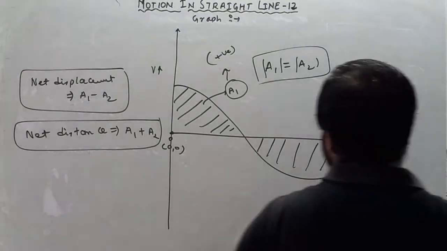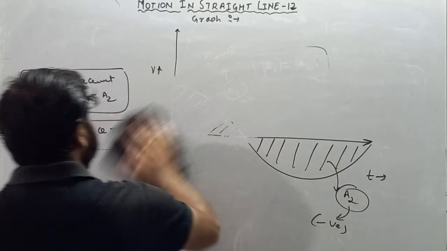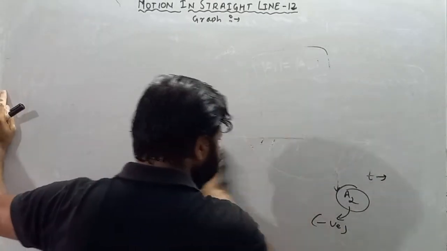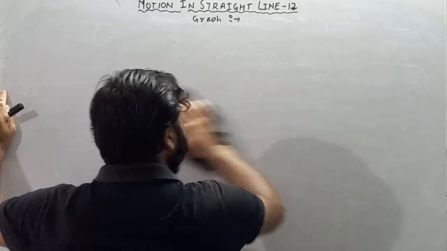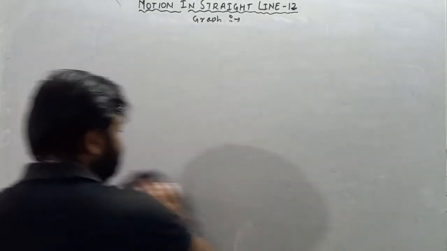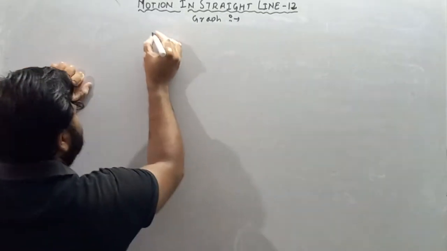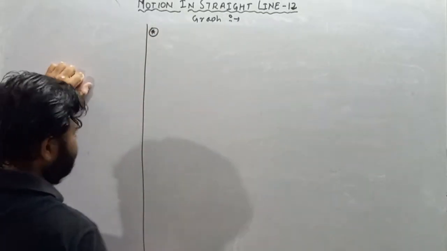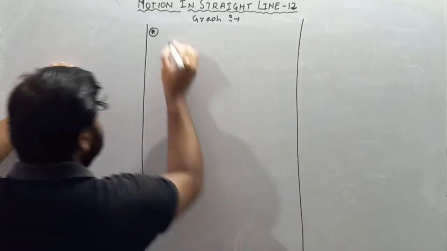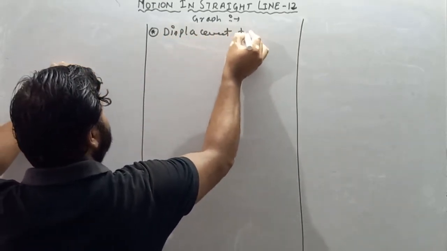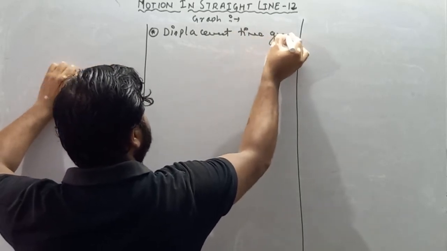Moving forward, I am discussing now the displacement time graph. So write down the heading: displacement time graph. Now see, my dear student, the next graph is the displacement time graph.